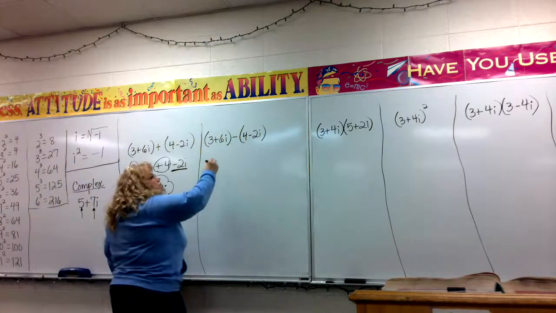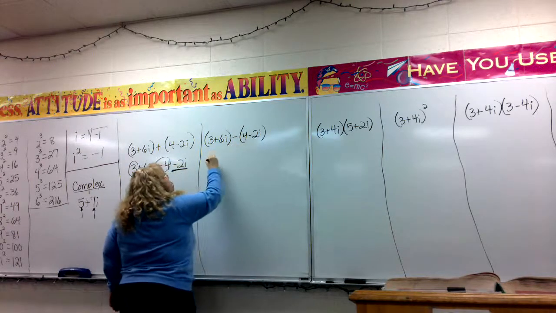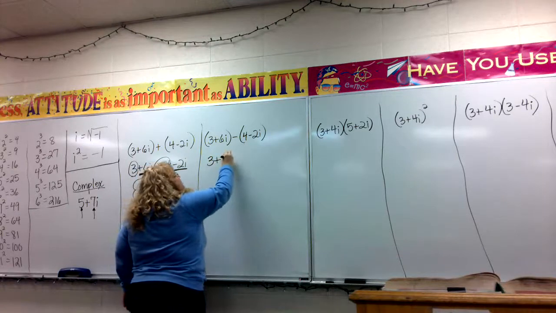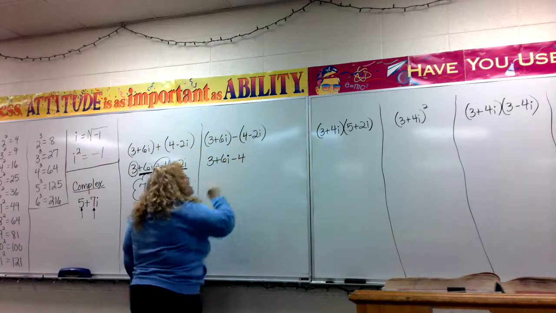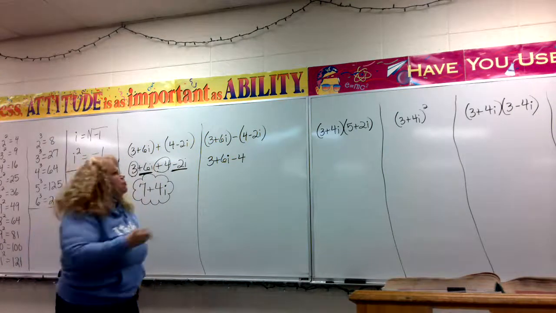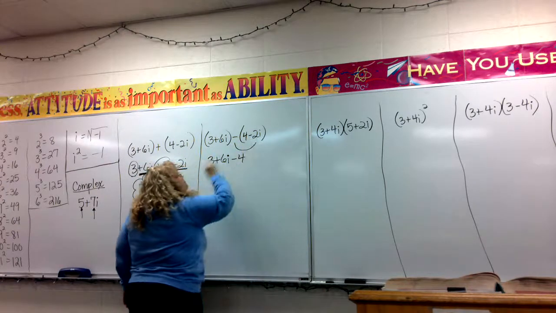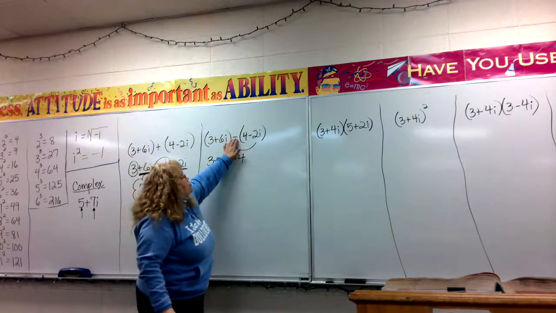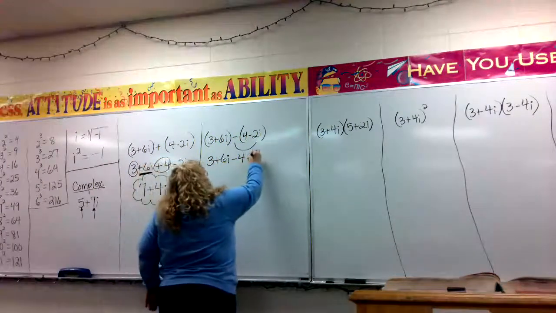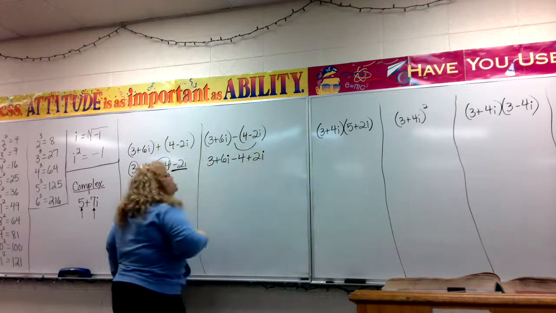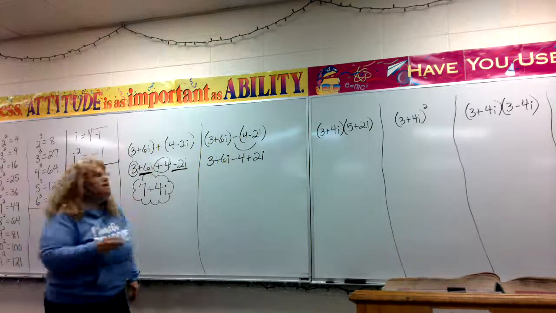Subtracting, remember, the only thing you need to remember is this minus sign goes with both of those. The first complex number, you leave that one alone. And here you subtract the 4. Everybody always remembers to subtract the 4. But then don't forget, you also have to subtract this negative 2i. What do you get when you subtract negative 2i? You add it. And then once you change the signs, now you just combine like terms again.